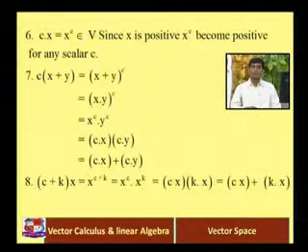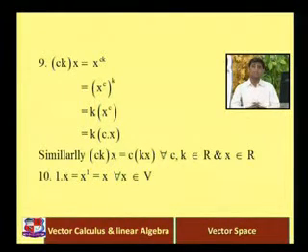So we proved the next condition, the 8th condition for the vector space, that (c plus k) into x is equal to (c into x) plus (k into x), right. And the next 9th condition for the vector space, that is c into (k into x), that is equal to, we can write x raised to c into k.